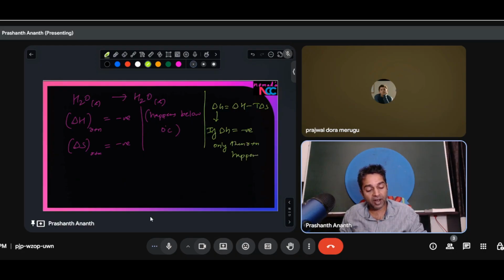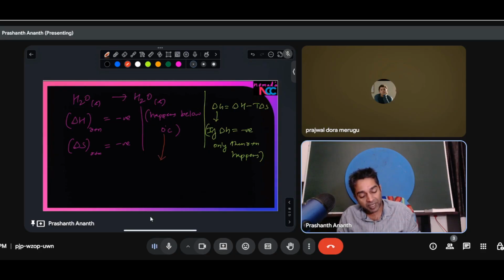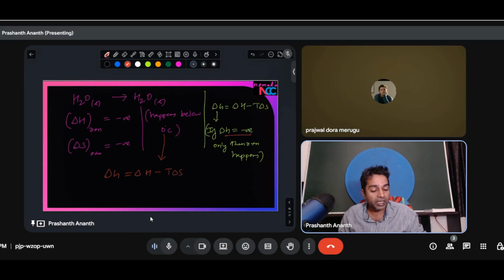So let us try to understand in this case. This is a reaction which happens. We know delta H and delta S signs here. We know theoretically it happens below 0 degrees Celsius. Let's try to understand what this could mean mathematically. From a mathematical perspective, I am writing delta G here. This is going to be delta H minus T delta S. So, if I want delta G to be negative, what does that condition translate into? That condition translates into comparing delta H minus T delta S to 0.